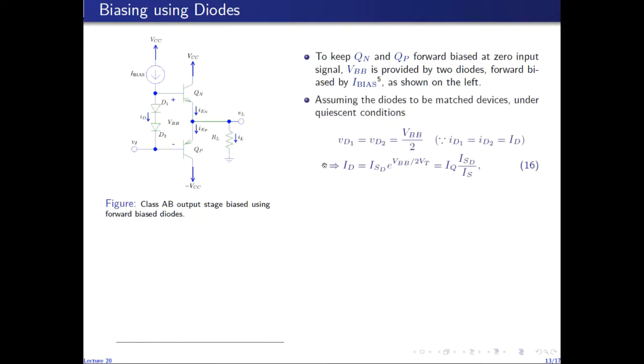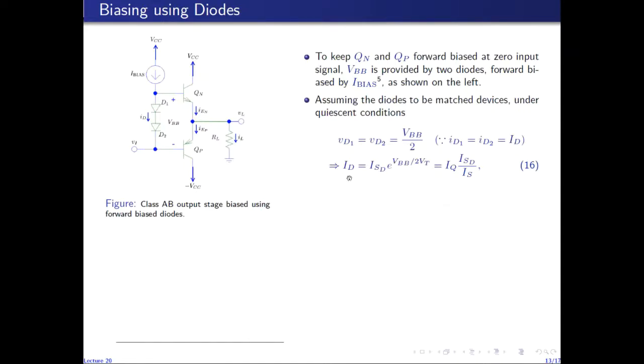So assuming that the diodes are matched devices under quiescent conditions, that is when no input signal is applied, because the same current flows through the diodes and the diodes are matched, their forward bias voltages will be equal. So VD1 will be equal to VD2, and since VD1 plus VD2 is VBB, both VD1 and VD2 will be equal to half of VBB.